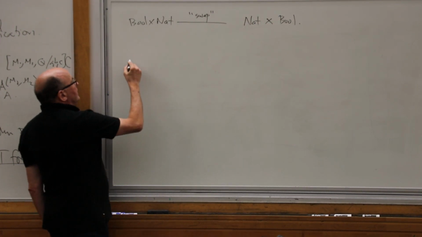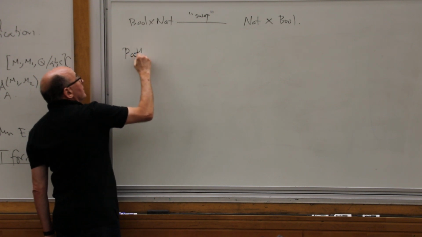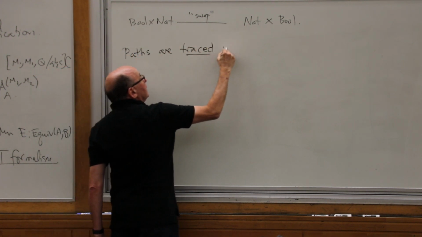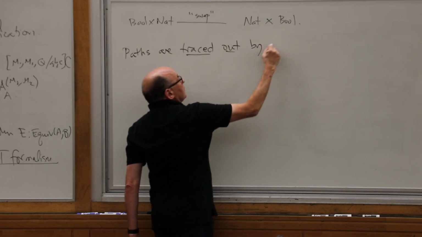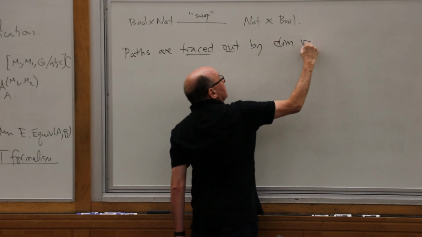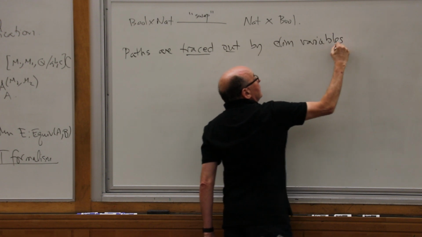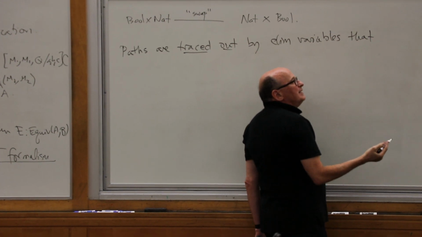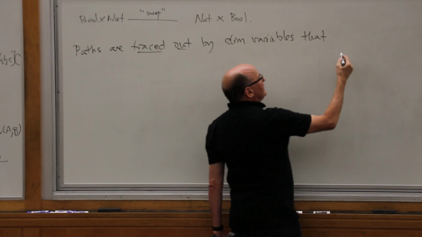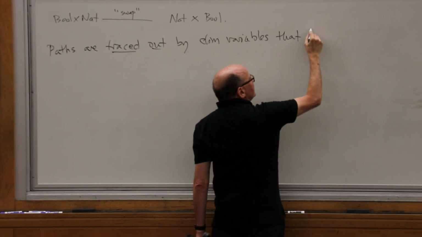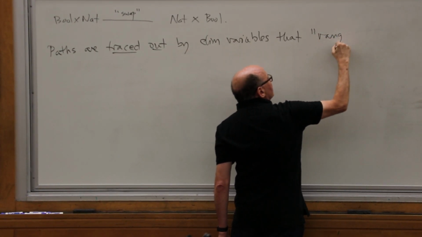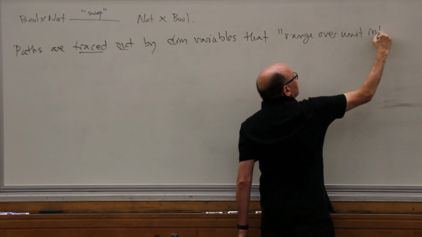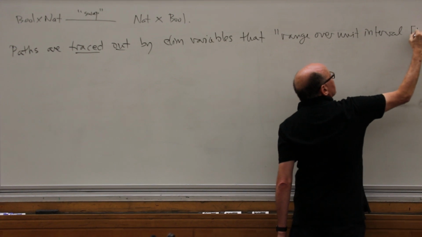So how do we do that? The idea is that paths are traced out by what we'll call dimension variables that, inspirationally, analogically, range over the unit interval, not exactly. This is an inspiration.